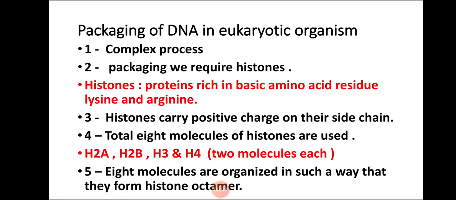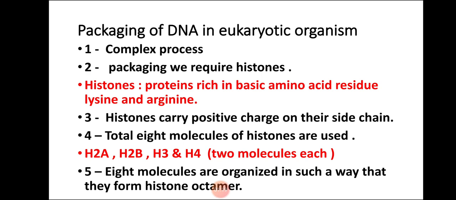When we say eukaryotic organisms, it becomes a tedious process, because eukaryotic organisms have a well-developed nucleus, nucleolus, cell membrane, and all the parts well developed in it. Whereas the earlier one that we studied was prokaryotic organisms.